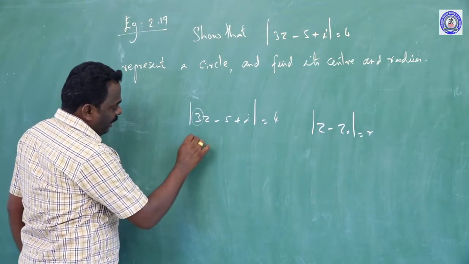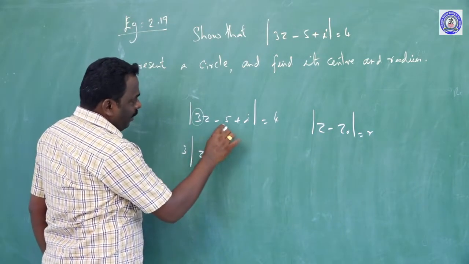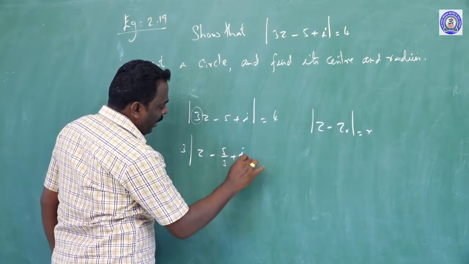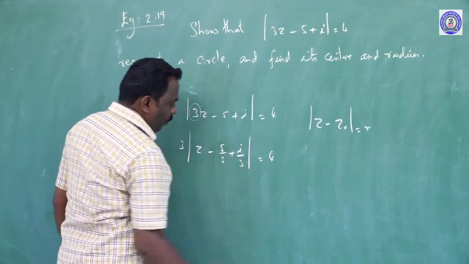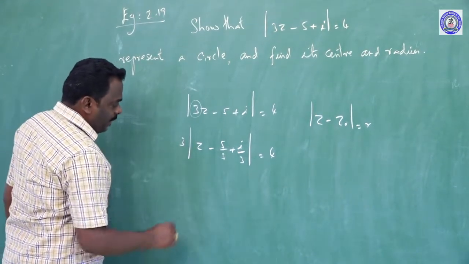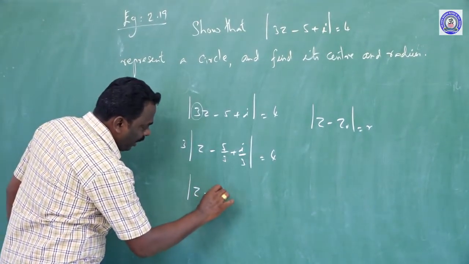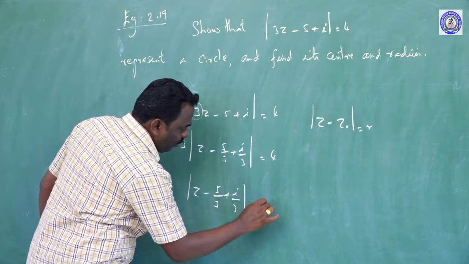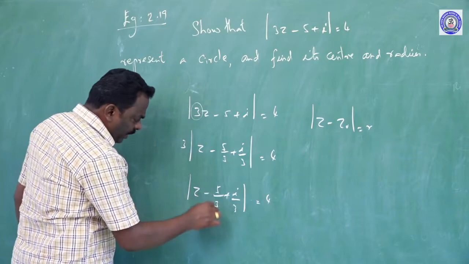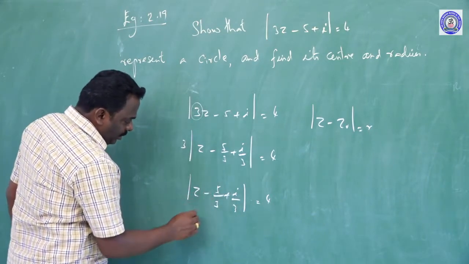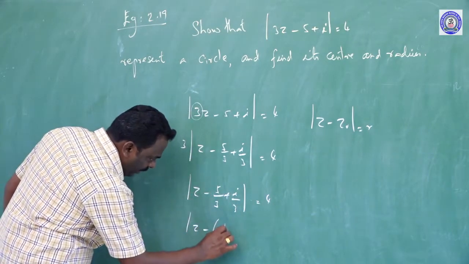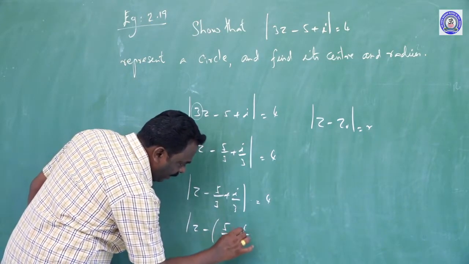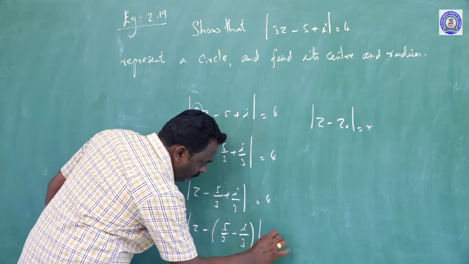Therefore we take 3 common: 3 modulus of z minus (5 by 3 plus i by 3) equal to 4. Transferring the 3 to the right-hand side, modulus of z minus (5 by 3 plus i by 3) equals 4 by 3. Taking the sign inside, modulus of z minus (5 by 3 minus i by 3) equals 4.